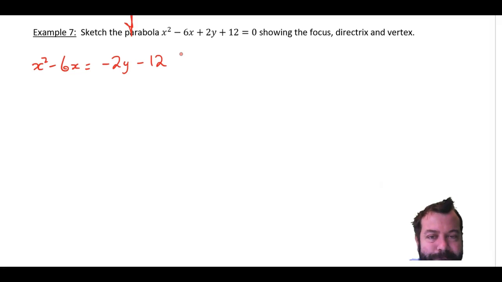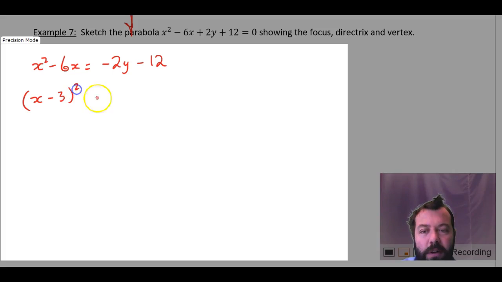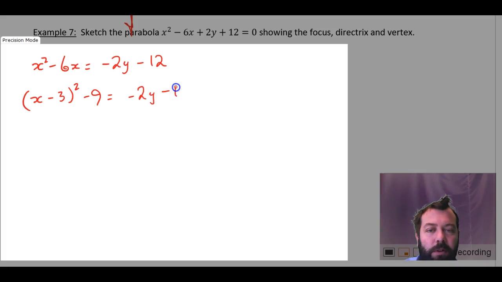What else do we know? Well, I need to complete the square and tidy things up, get it into the standard form so that I can read off the focal length and the coordinates of the vertex. That's going to help us with the sketch. So we do that like this. I'm going to say that x minus 3 all squared, I'm going to have to subtract 9 to keep that balanced, minus 2y minus 12.